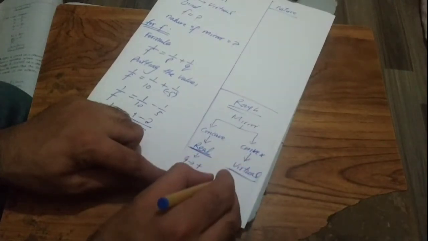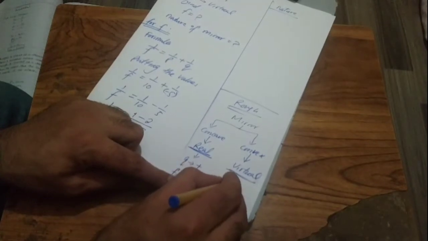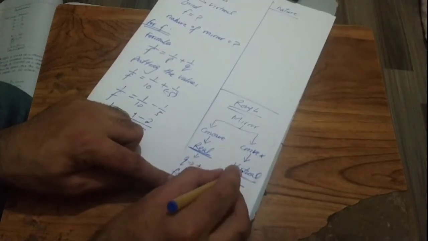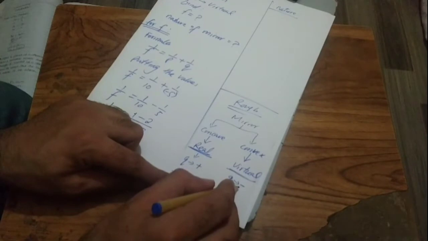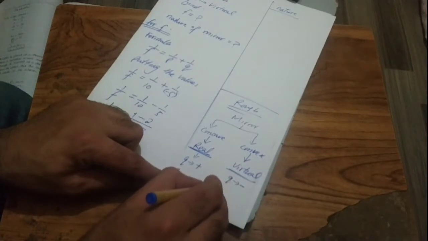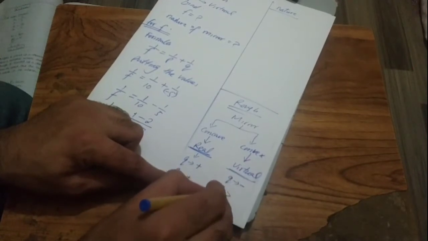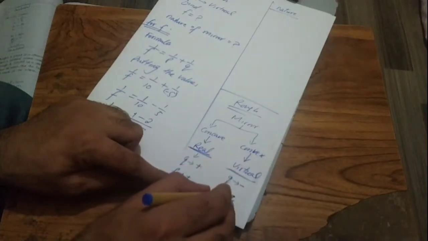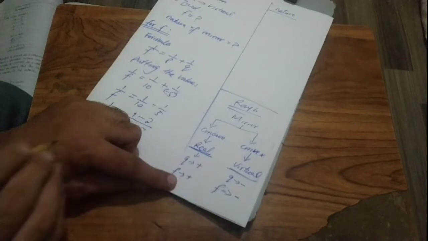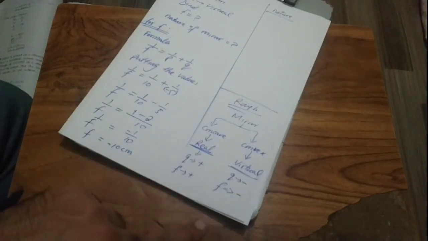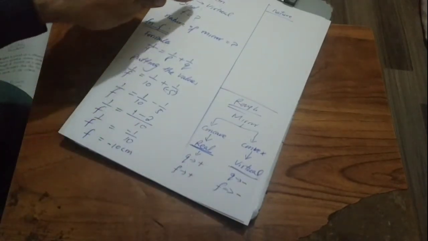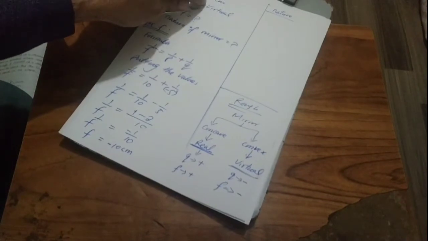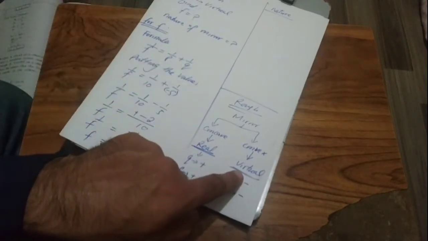When the mirror is convex, Q will be negative, or when the image is virtual, Q will be a negative value. And when a mirror is convex or the image is virtual, F will also be a negative value. You have to remember this. That's why we took this Q minus, because of this virtual image.